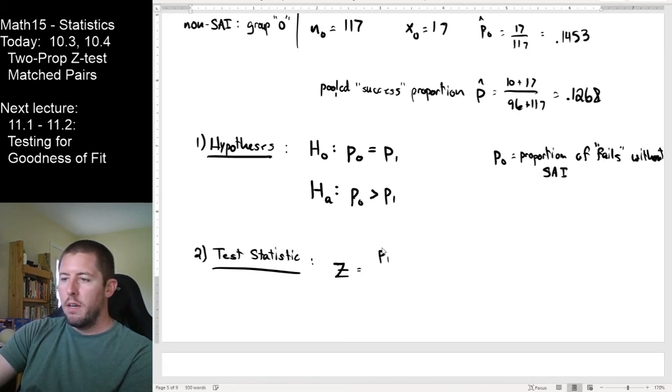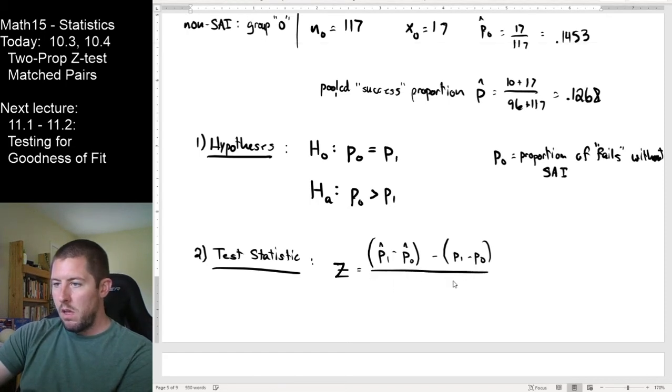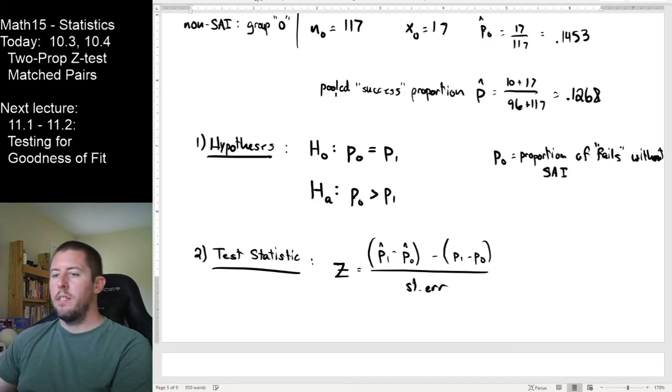This is going to be our P1 hat minus P0 hat, minus P1 minus P0, which the null hypothesis is always going to tell us is 0, all divided by that standard error term that we've seen before. I'm just going to write that as standard error for right now.